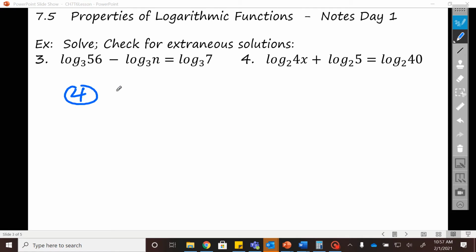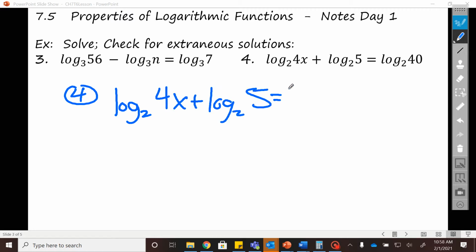Number 4, log base 2 of 4x plus log base 2 of 5 equals log base 2 of 40.